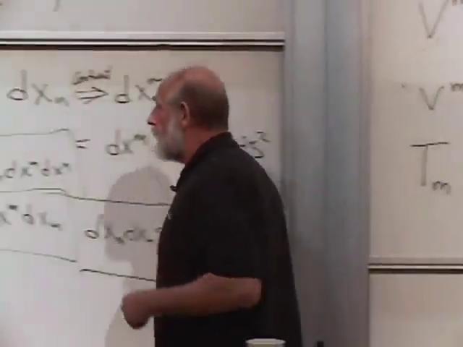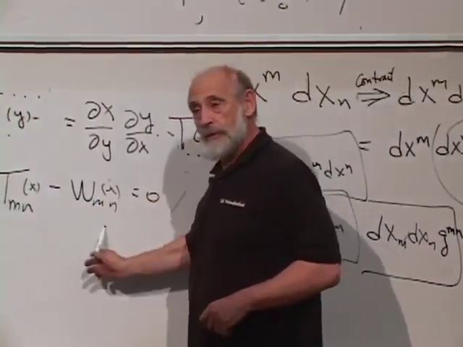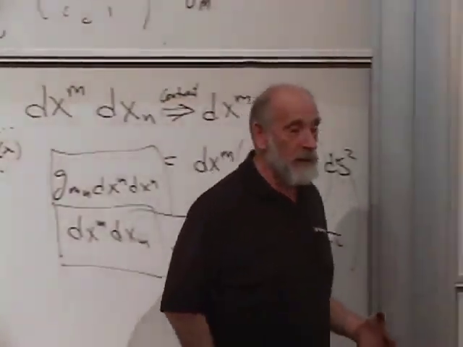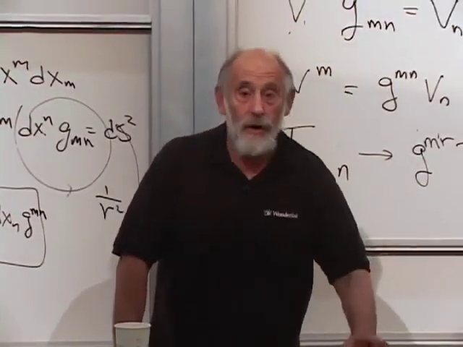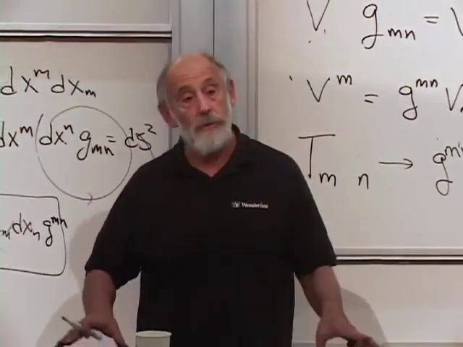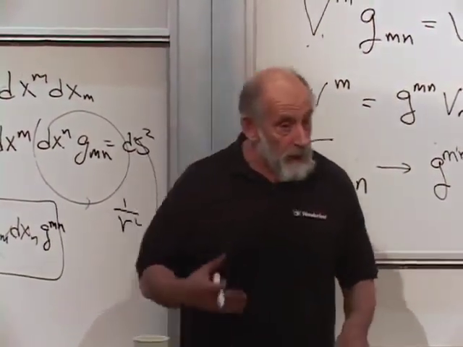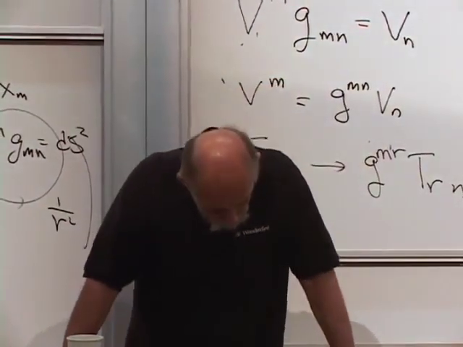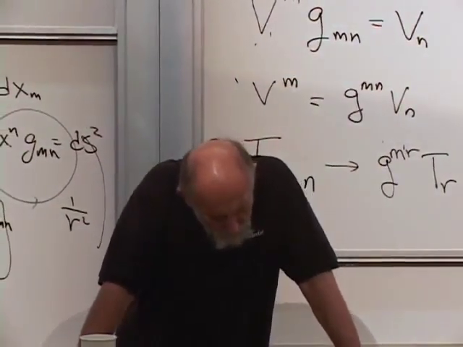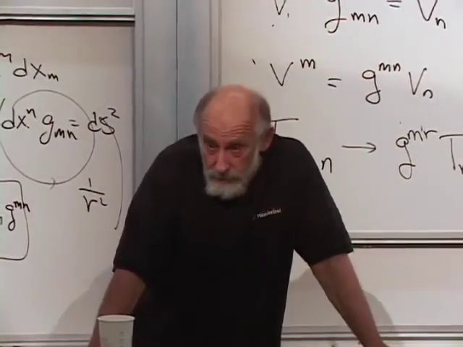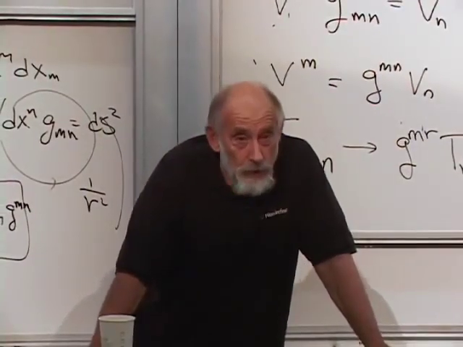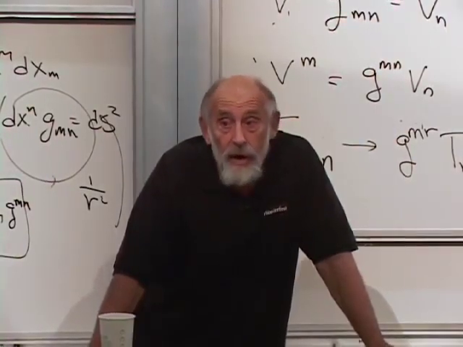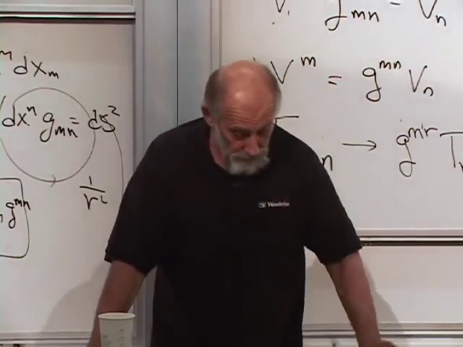You can be sure that if they are equal in one coordinate system, they will be equal in the other coordinate system. The equality of tensors is a geometric fact which doesn't depend on the coordinate system. The components of the tensors are things which do depend on the coordinate system.